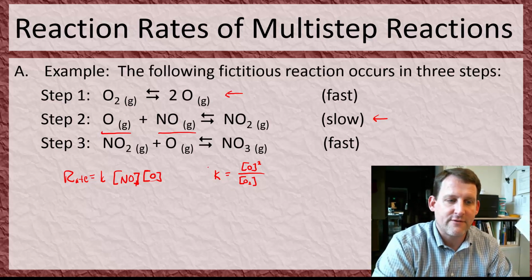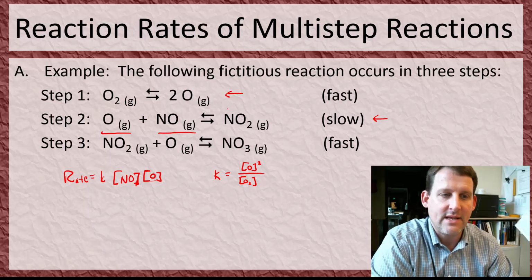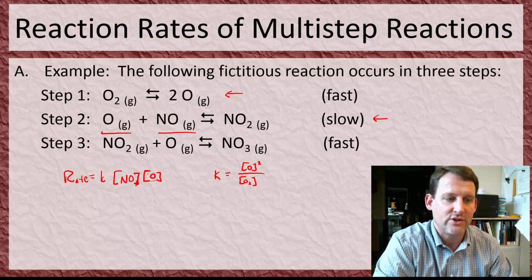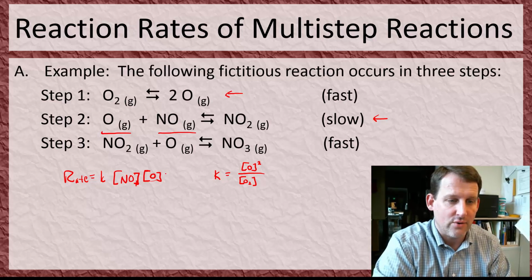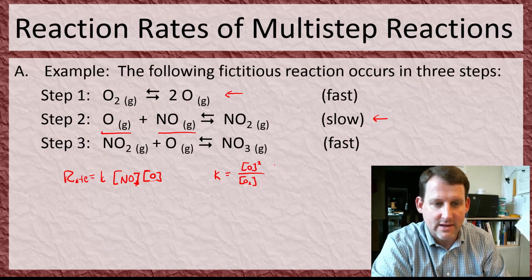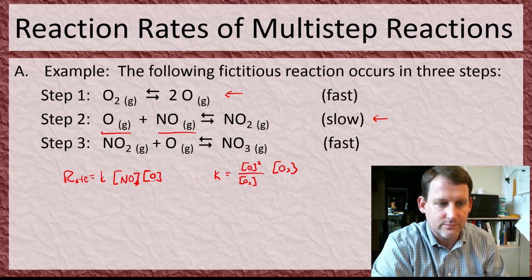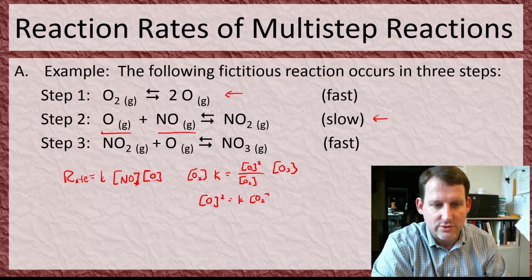Now the reason we went for this equation for the first reaction is we need some way to express the concentration of O, oxygen atoms, in terms of a reactant that we can actually measure the concentration of, in this case, O2. All right, so now if I solve this for O, I multiply both sides by the concentration of O2, and I get that the concentration of O squared is equal to K times the concentration of O2.